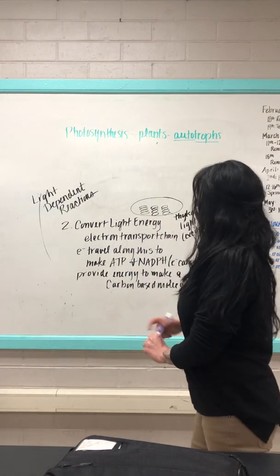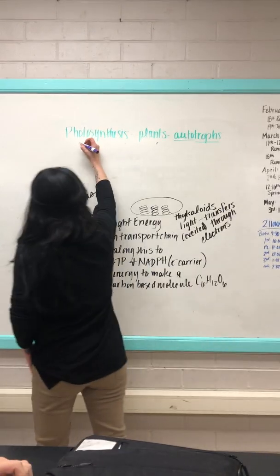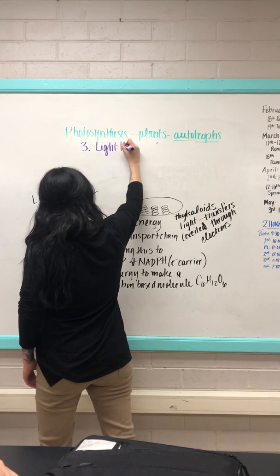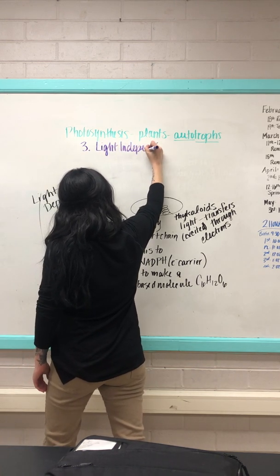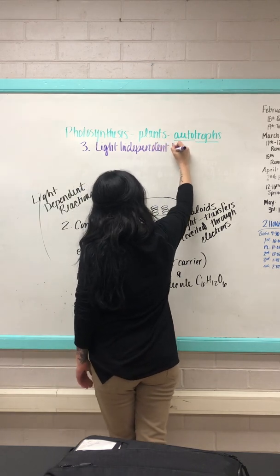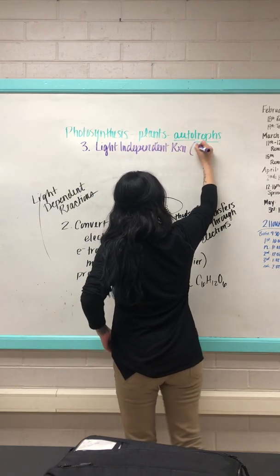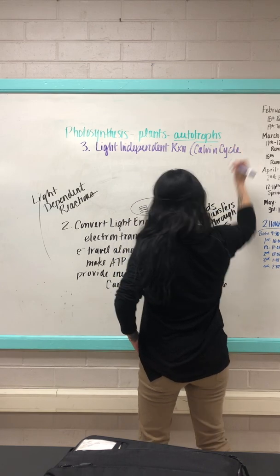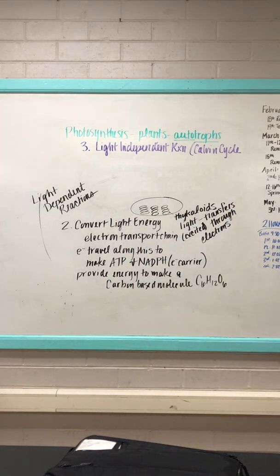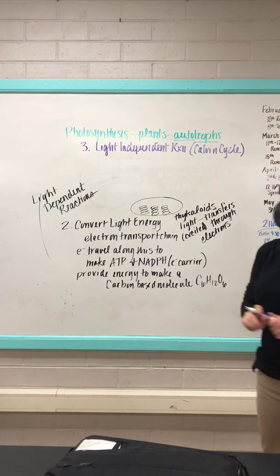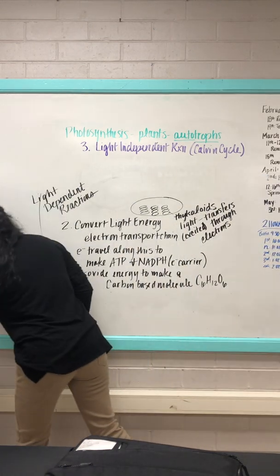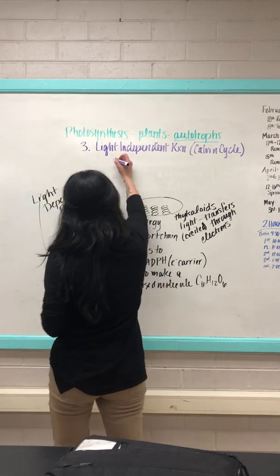Alright, so the next one, the last step, is the light independent reaction, and is sometimes referred to as the Calvin cycle. And what this is going to do is just going to store that energy.